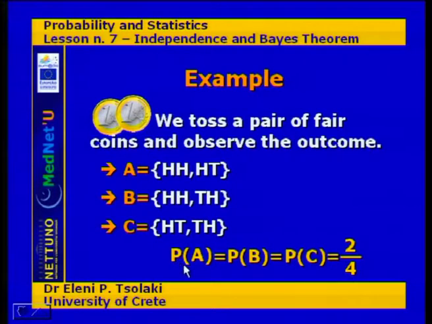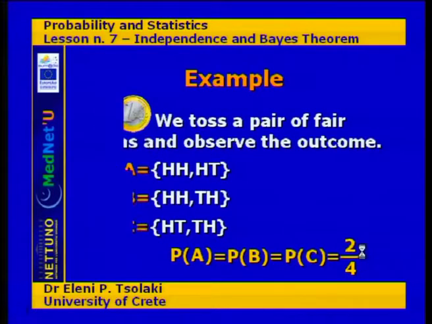We calculate the probability of A, which is 2 quarters, the probability of B, 2 out of 4, and the probability of C, we see again that it has 2 elements in 4 from the sample space.